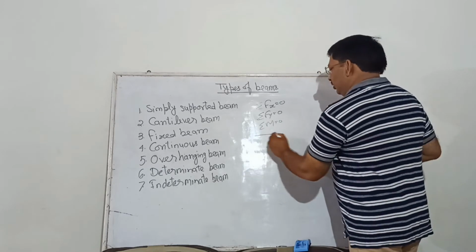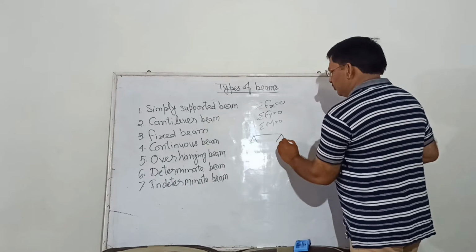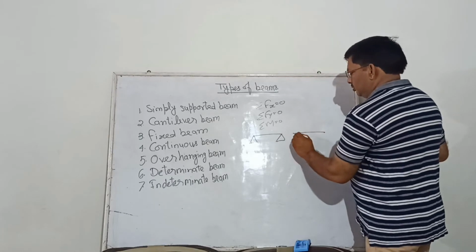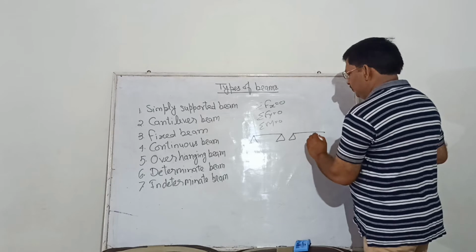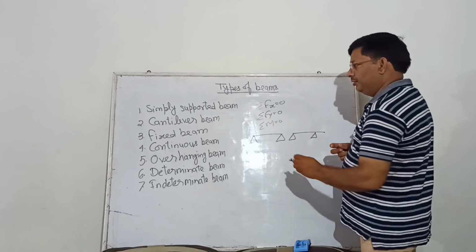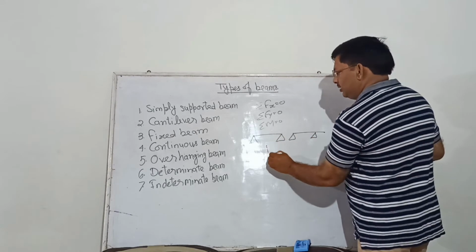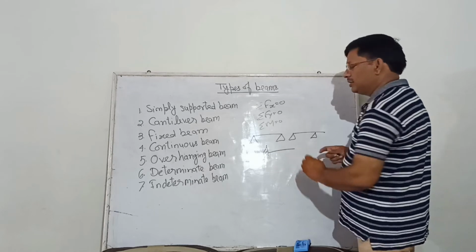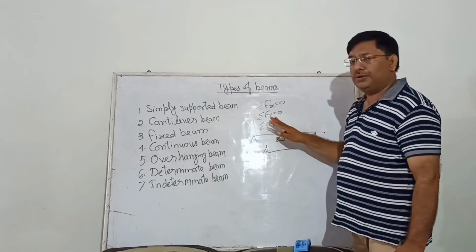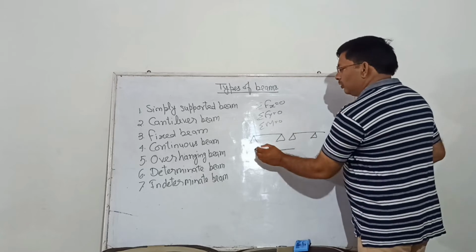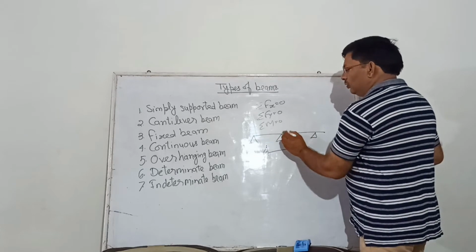So a simply supported beam, an overhanging beam, and a cantilever beam, all these types of beams are determinate beams. Why? Because in a simply supported beam, one unknown is here and one unknown is acting here.